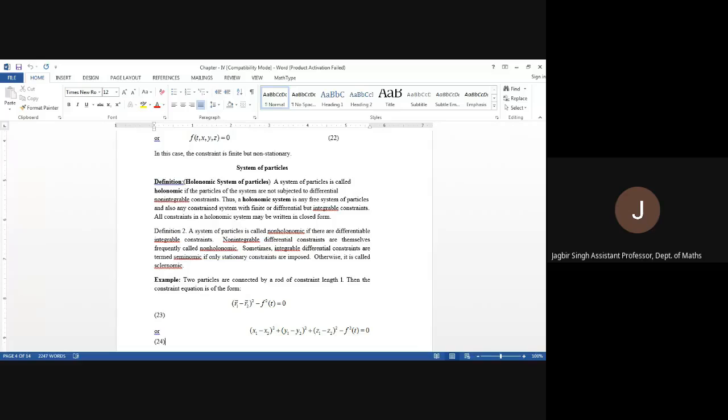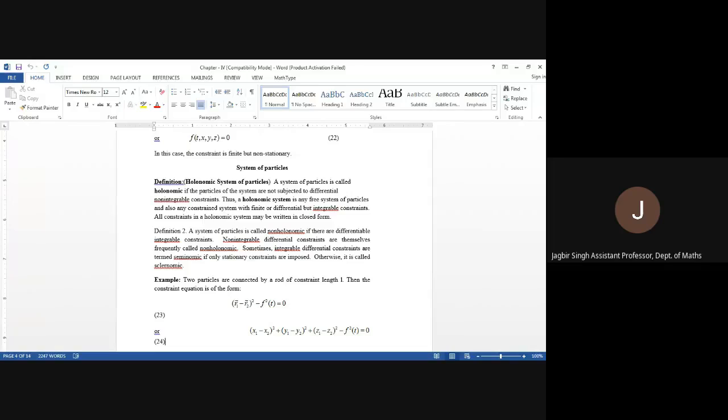Third, if differential constraints are imposed, then those constraints should be integrable. So either there is no restriction on velocity, or if there is, then that restriction can be relaxed. Such a system is said to be a holonomic system.